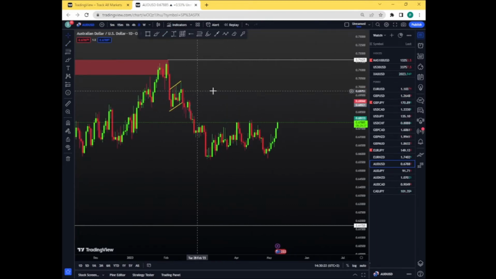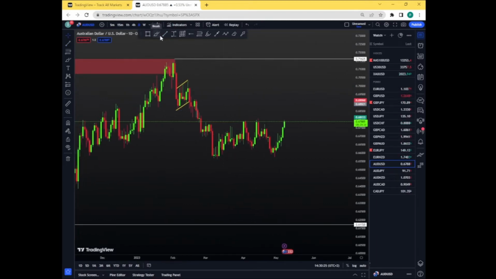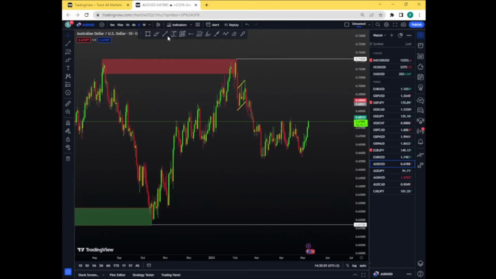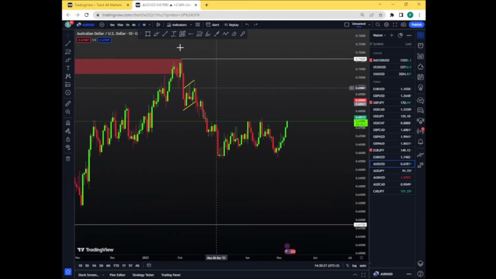Why is it important to draw your structure? It is to identify the patterns that price was creating within this high and this low. In this case, we have our impulse and a correction. We have an impulse and a continuation pattern, and price did continue to the downside.